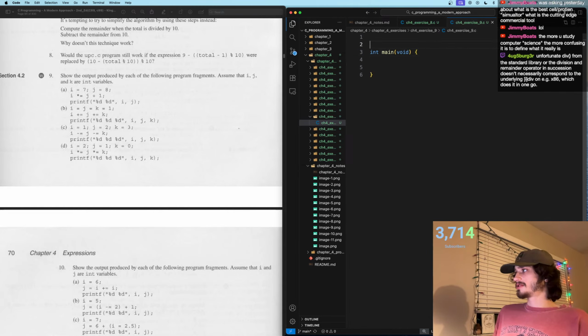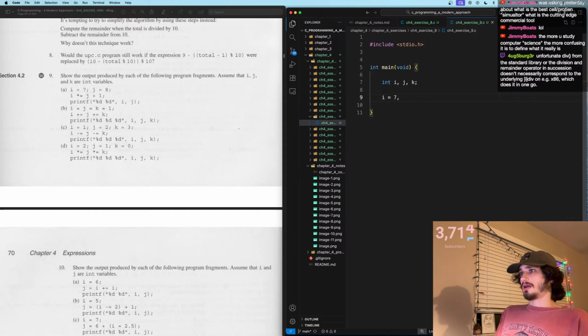Let's go up to the top and include the standard io.h header file, and then do int i, j, and k, and then let's say i is equal to 7 and j is equal to 8.